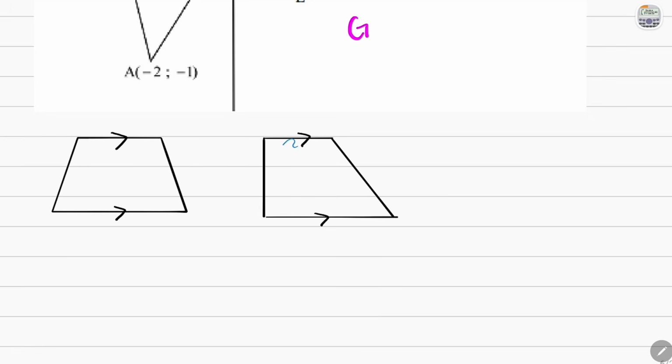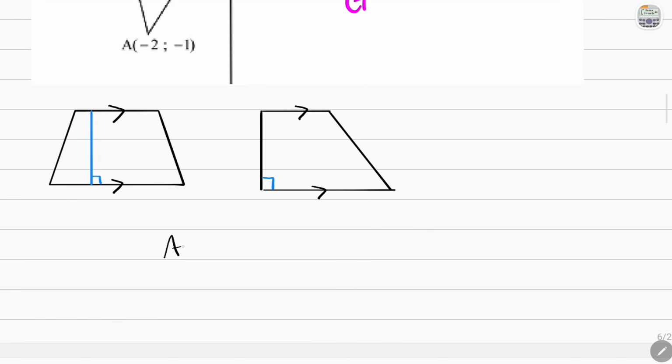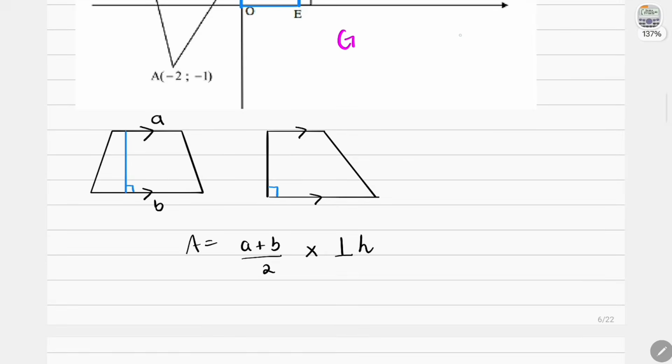So this could be a case where you've got your perpendicular height like that, where this line is perpendicular to this, or you can just visibly see your perpendicular height. And to find the area of this, we would simply say the top part plus the bottom part, and then divided by 2, and then multiply by that perpendicular height. And then that's the area of a trapezium.